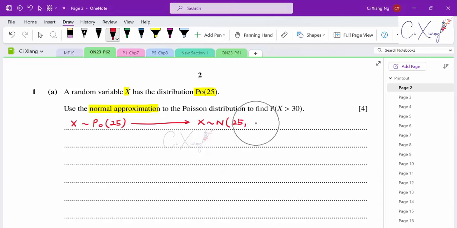The second parameter is the variance. For a Poisson distribution, the variance and the mean have the same value. So lambda is also 25, which also equals the variance. So our variance here will be equal to 25.